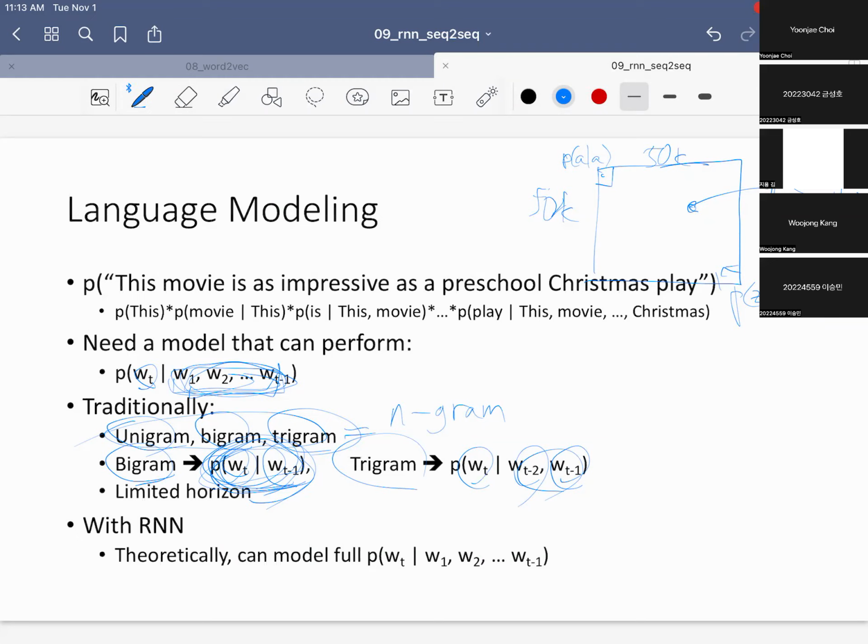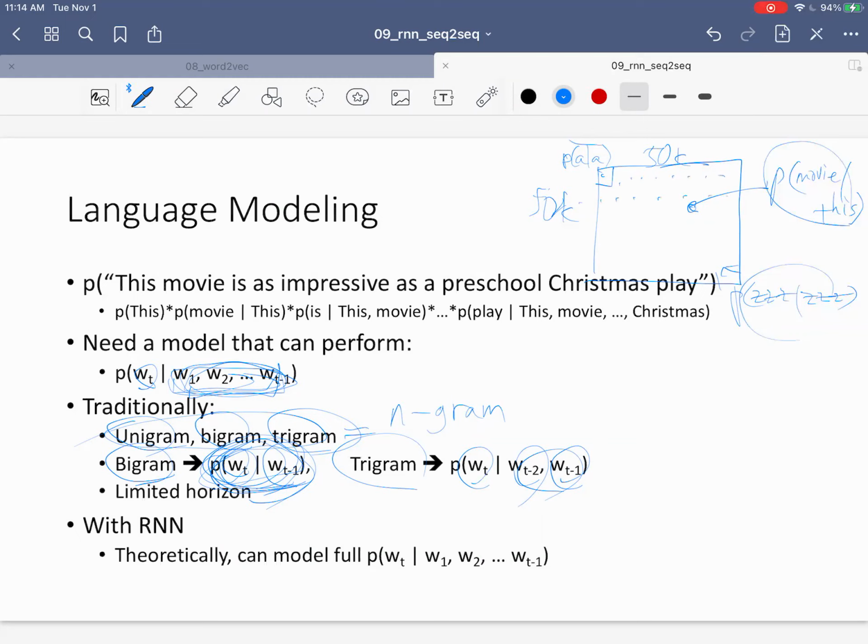or wherever, or Twitter. You have a bunch of text, and then you calculate the probability of basically all the elements in your matrix. You calculate the probability, or conditional probability. It's a conditional probability, right? So you calculate the conditional probability, and then you break down your sentence into bigrams: this movie, movie is, is impressive, impressive as, as a preschool, like this.